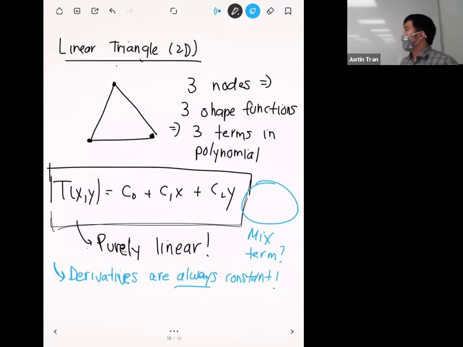That's bad for equations that rely on their derivatives, specifically the structural mechanics equations.